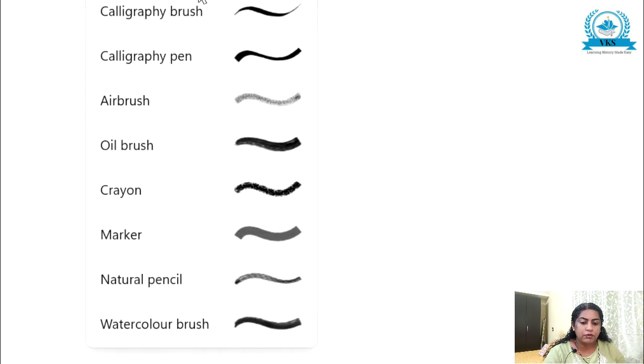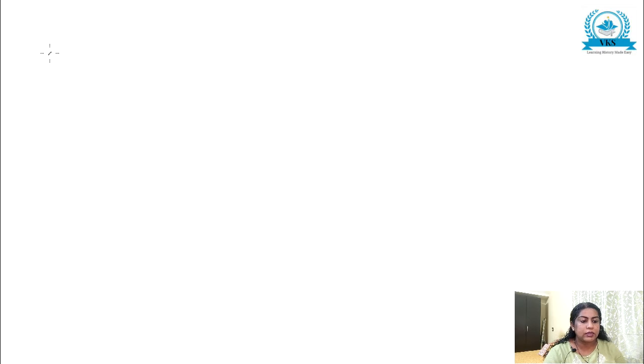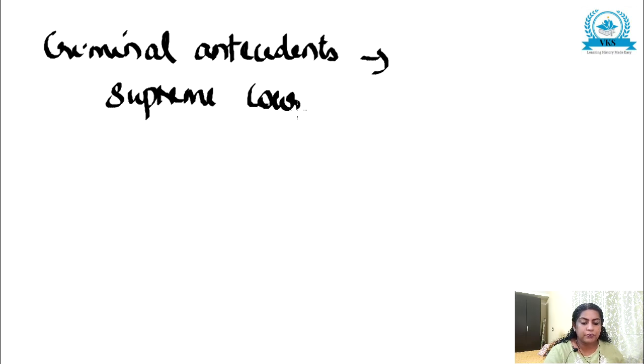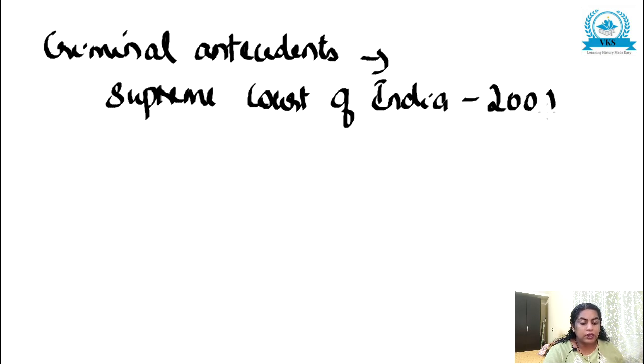Now, one by one we will see, first regarding the criminal antecedents disclosure. So why is it done? To curb criminalization of politics, the Supreme Court of India in 2002 gave directions to the Election Commission to implement.